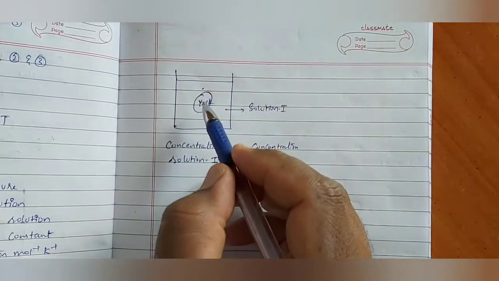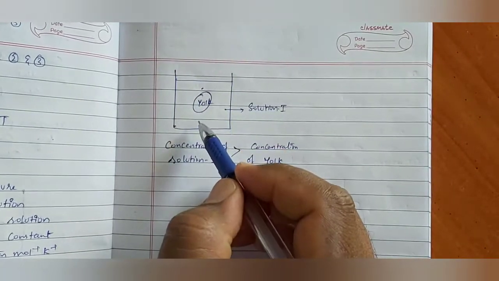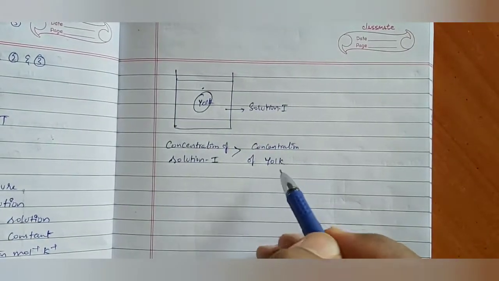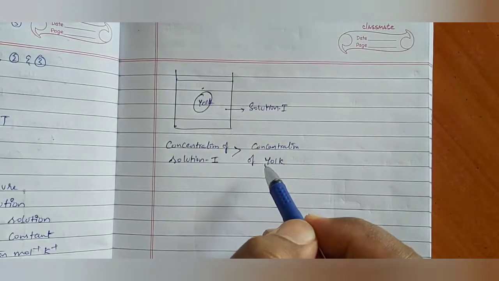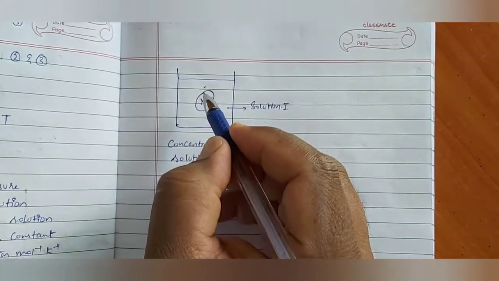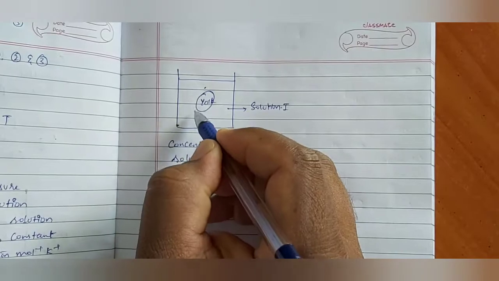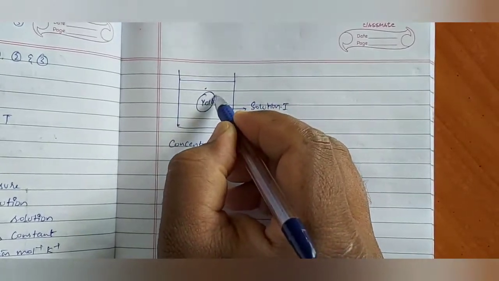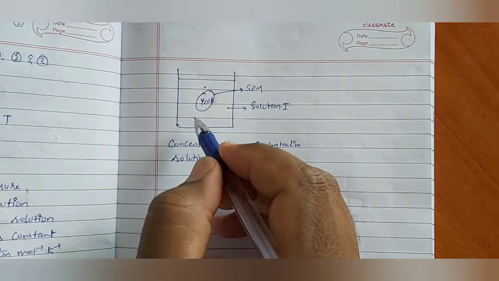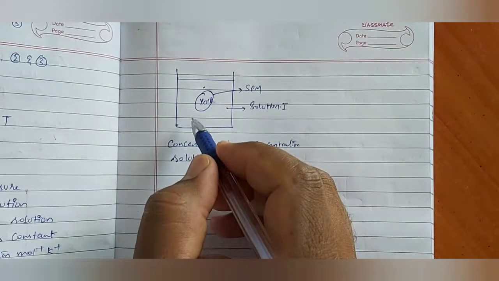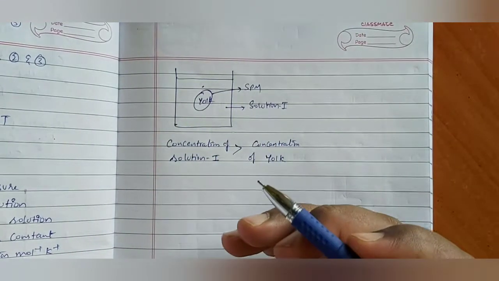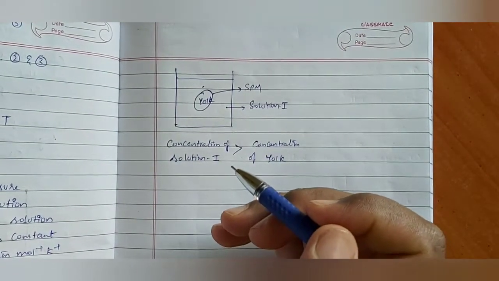Now we kept this egg inside solution 1 in a condition that solution 1 concentration is greater than the concentration of egg yolk. Then this smooth membrane is acting like a semi-permeable membrane, SPM. Then chances of osmosis will take place, from low concentration region to high concentration region.